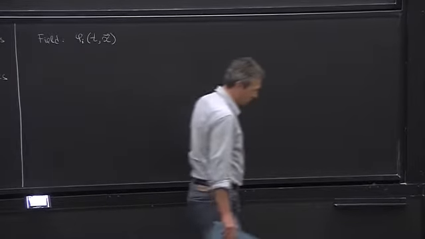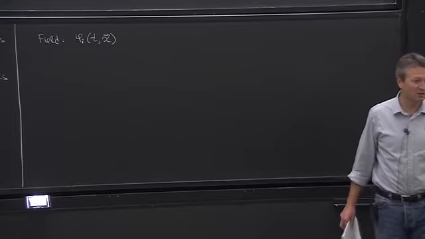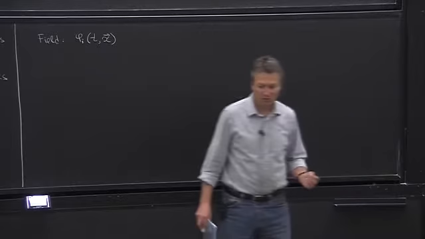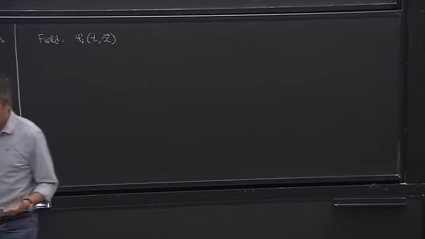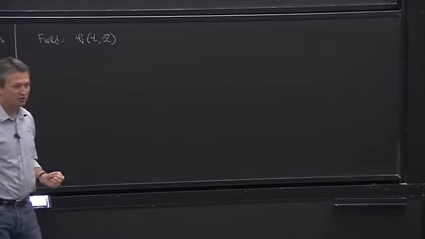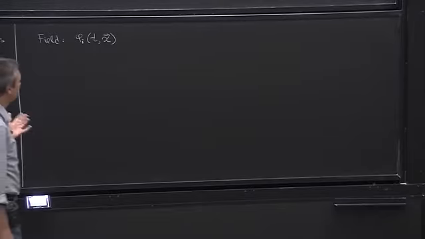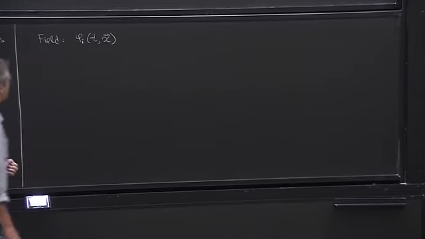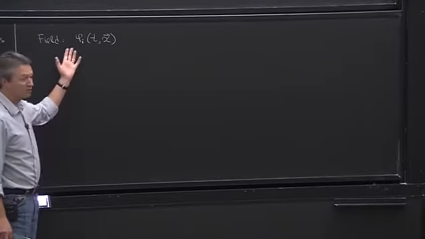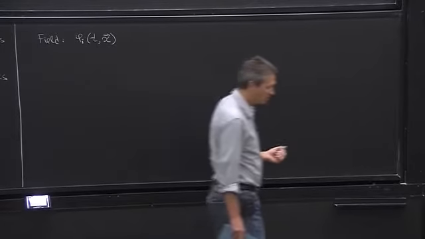Of course, you know a lot of examples of fields: electric and magnetic fields, or the metric in gravity is another example of a field, or in fluid dynamics, velocity and density of a fluid are also fields. So it's a very general framework. And in principle, it's easy to apply the rules of quantum mechanics to such systems. I mean, not easy, but it is a straightforward thing to do.